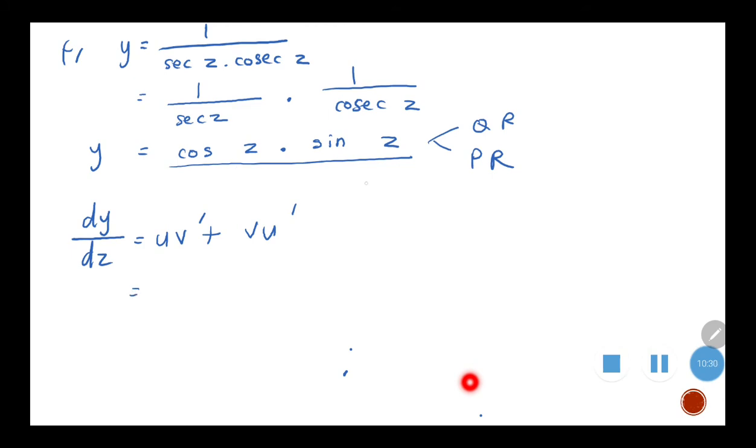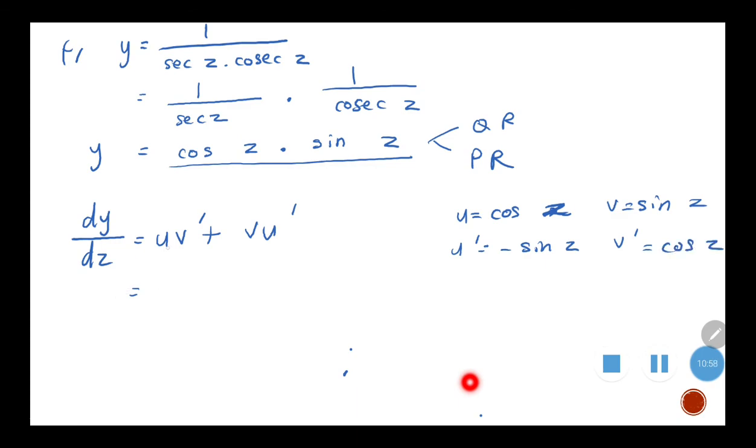Now we determine what is u. u is cos z and v is sin z. u prime is minus sin z and v prime is cos z.